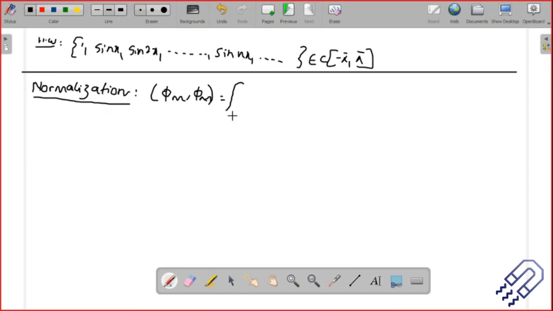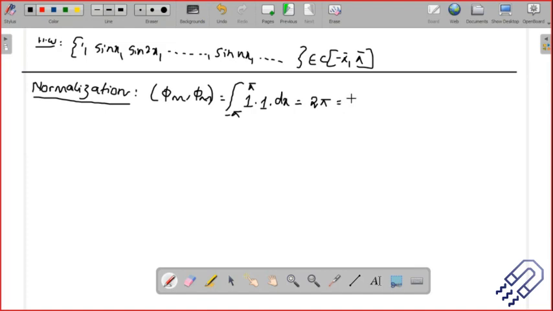Normalization means the inner product with itself. So I take the integral from minus pi to pi, and if I take the first function, phi 1, which was 1, this is dx. So this is x from minus pi to pi, which will be 2 pi. If you do it, it is 2 pi.